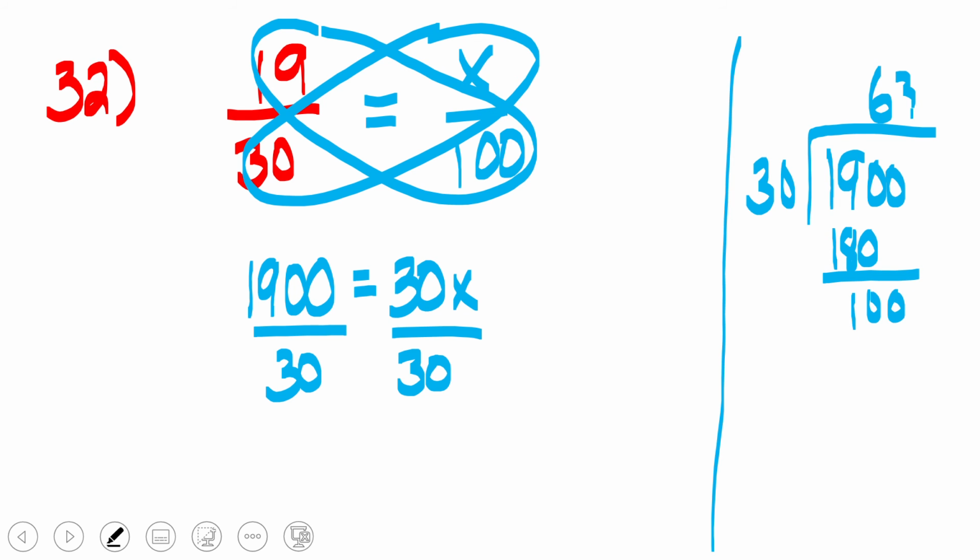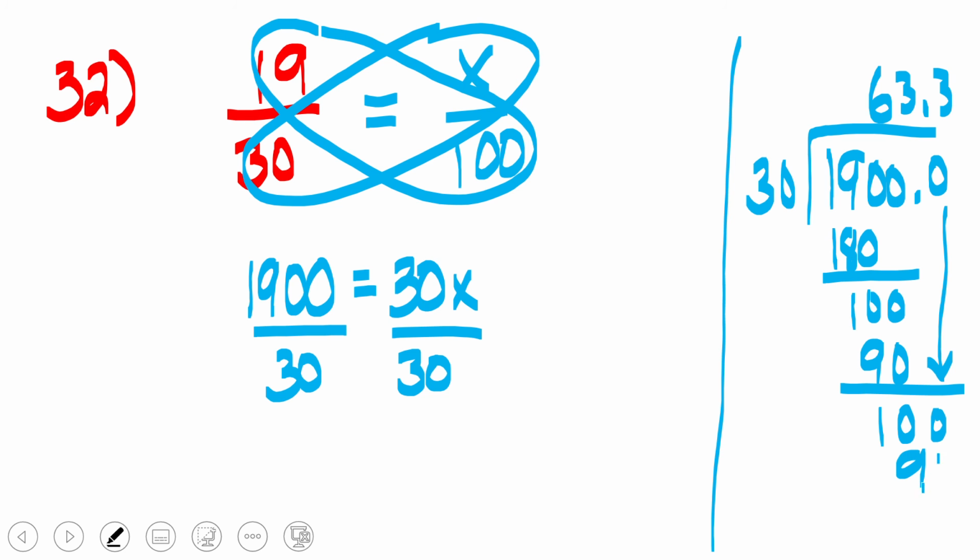Thirty goes into 190 3 times. Okay, that's 90. That leaves 10. We add a point here, and we bring down. That's a repeating 0.3333. That'll go on and on forever. And so our percentage is going to be 63.3% will equal x from our division.